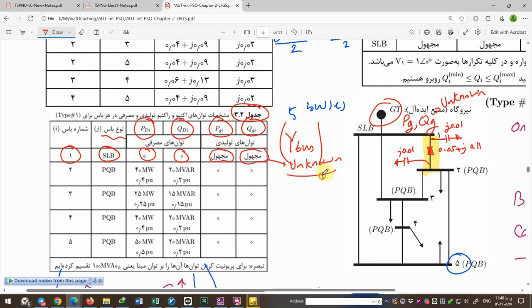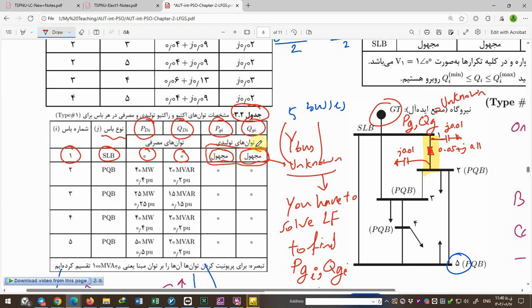Unknown means that you have to solve load flow to find P generation and Q generation of the slack bus. And you have to find them through load flow.